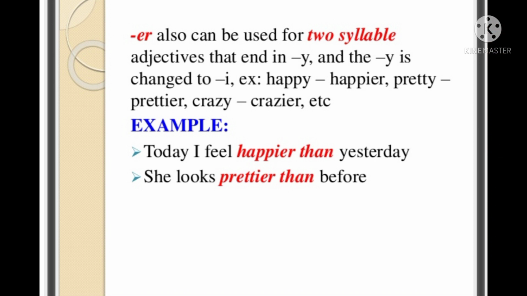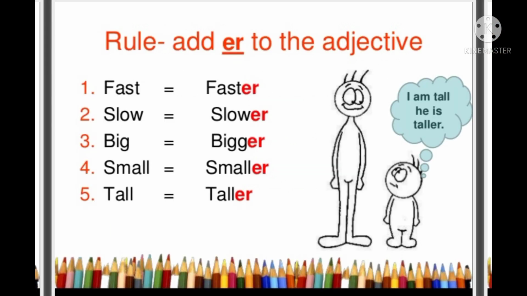Also pretty, prettier. Look at these examples. All these are single syllable words. Fast, faster. Slow, slower. Big, bigger. Small, smaller. Tall, taller.